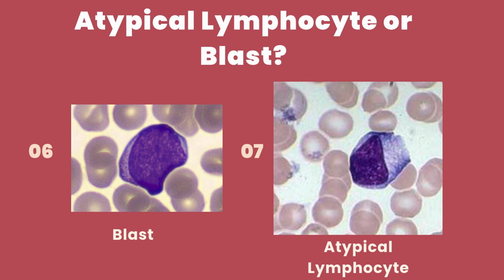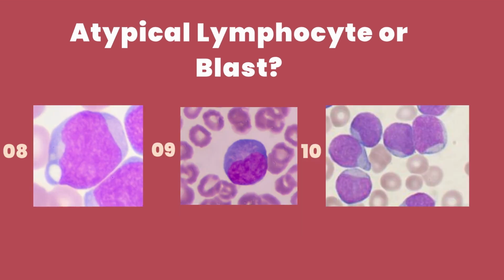We can't determine that without doing flow cytometry and other ancillary testing. Image 7 is very obviously an atypical lymphocyte. That chromatin pattern is what really stands out to me. It's very dense and also has a much lower nuclear to cytoplasmic ratio. It also has these blue indentations on the side, which is very characteristic of atypical lymphocytes.